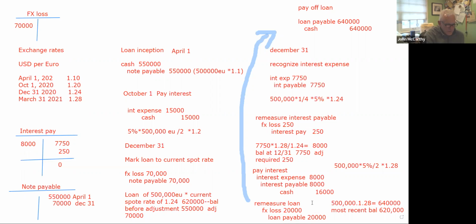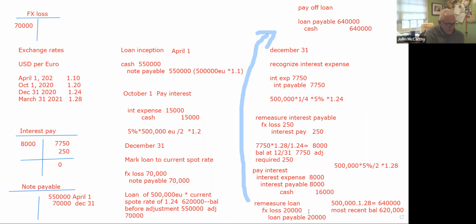And now I have to remeasure the loan at 3/31. Well, I'll do it this way. The value of the loan now is 500,000 times 1.28. That's 640,000. The most recent balance was 620,000.